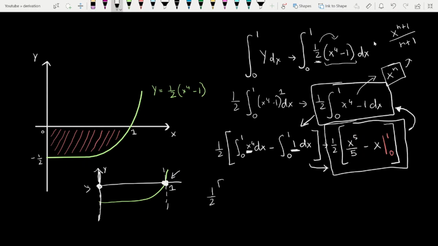1 by 2, and anywhere you see x, you're going to first place 1, and then you're going to subtract, and then anywhere you see an x, you're going to put 0. So that's basically going to look something like this. It's going to be 1 raised to the power 5 divided by 5 minus 1, and then I'm going to subtract.